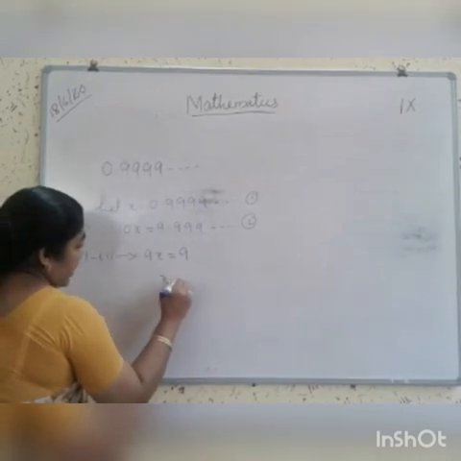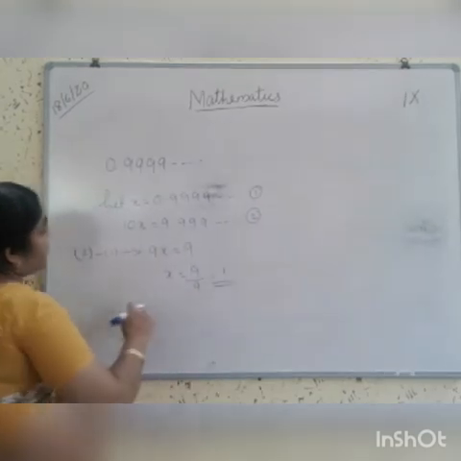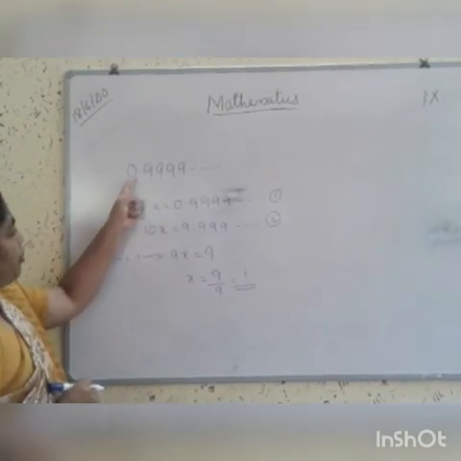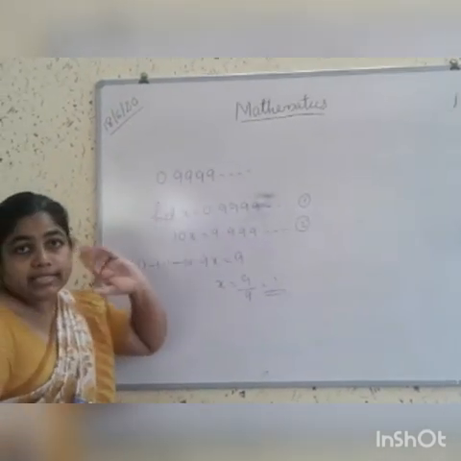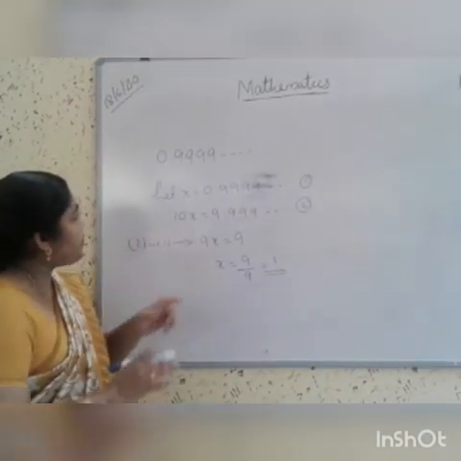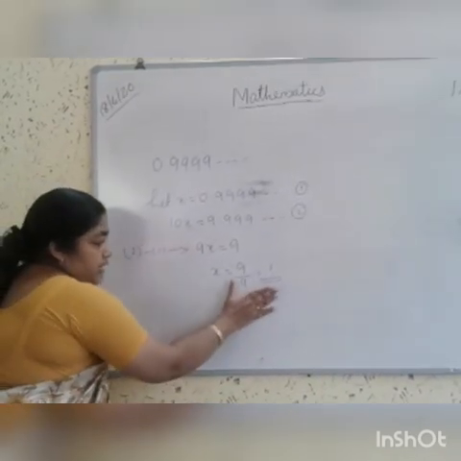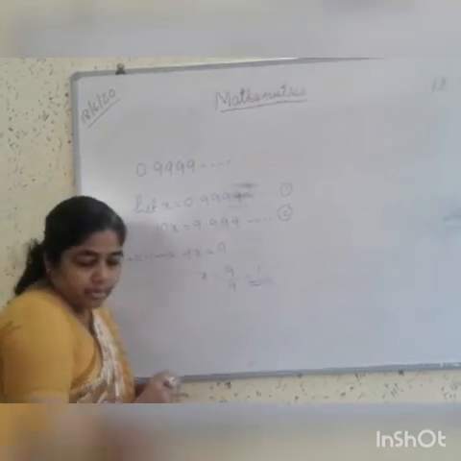Therefore, x is equal to 9 by 9 is equal to 1. 0.9999 etc. is equal to 1. How we got this 1? This is very near to 1. So, this becomes 1.